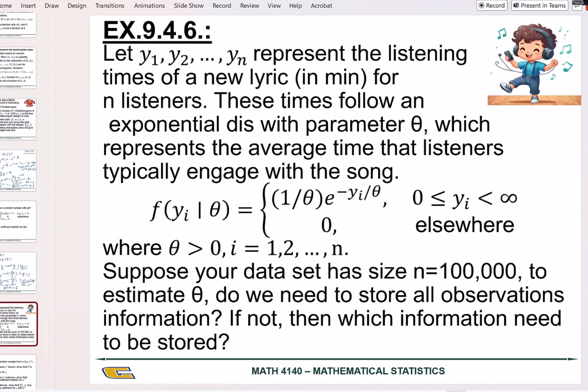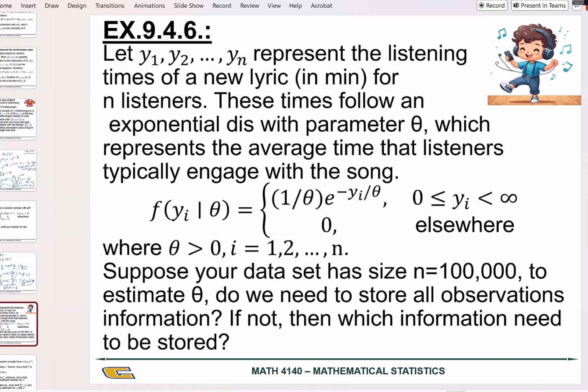So here, if y1 to yn represent listening time, basically how long people listen to a new lyric, for n listeners, the time can be modeled using an exponential distribution with parameter theta, which represents the average time listeners typically engage with the song.